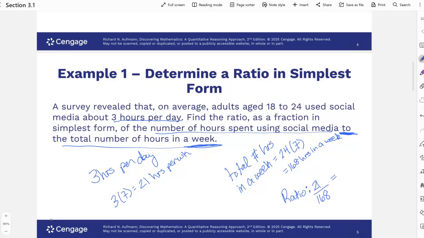And then we're going to reduce this. We're going to see if we can find numbers that go into both of these. So 21 is 3 times 7. And then 168 is divisible by 3 and 7.